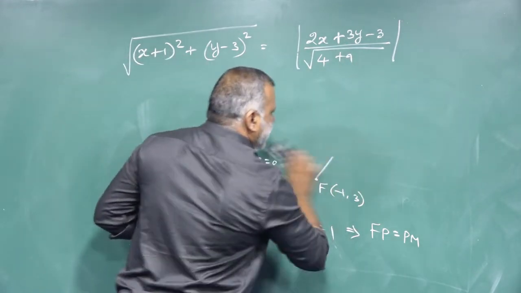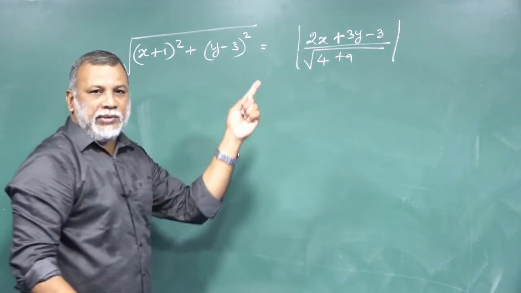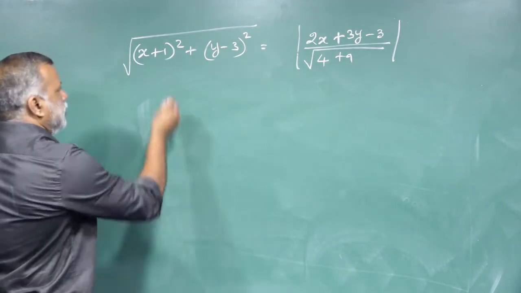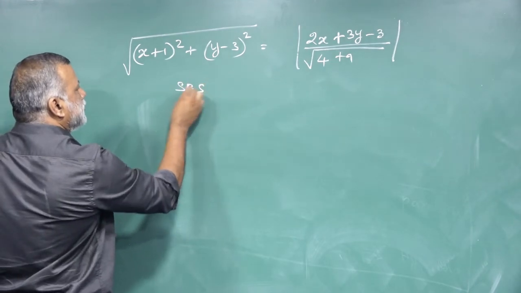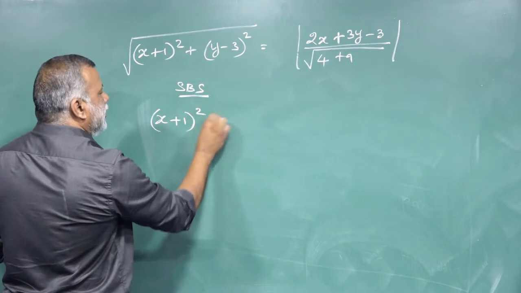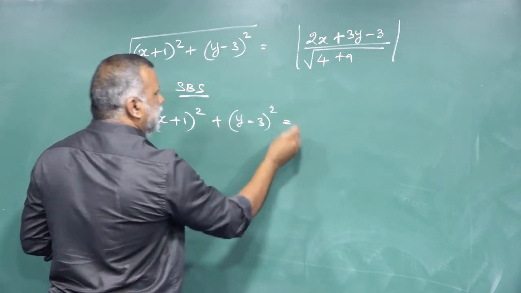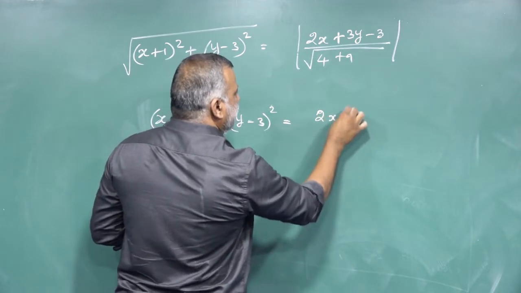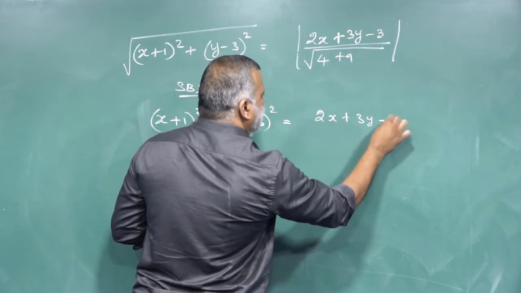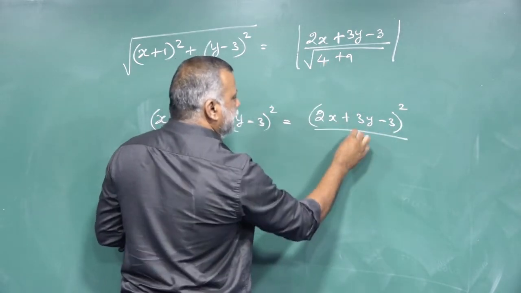Now, as I explained in the theoretical concept, to avoid the root, squaring both sides: (x + 1) the whole squared plus (y - 3) the whole squared equals (2x + 3y - 3) the whole squared divided by 9 plus 4 becomes 13.